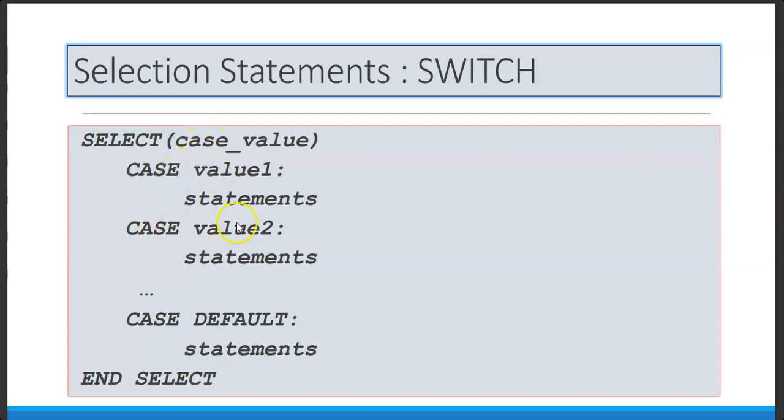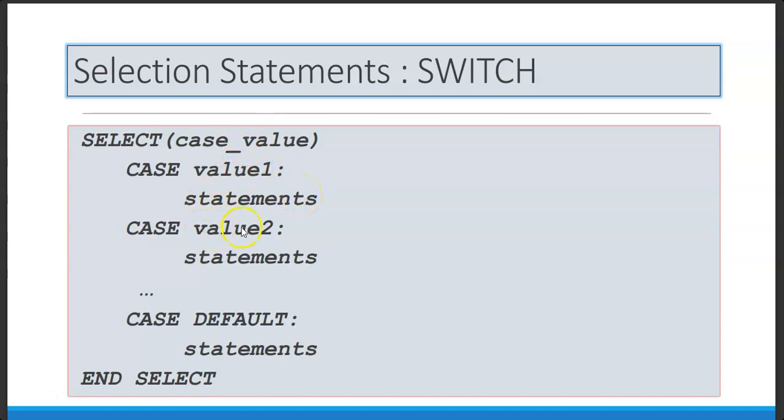So we can have multiple cases, and each case will have a different value. And the value that we are receiving, which is called a case value, will be checked against the values under each case. If this value matches the value that we put here, then the statements under this will be executed.